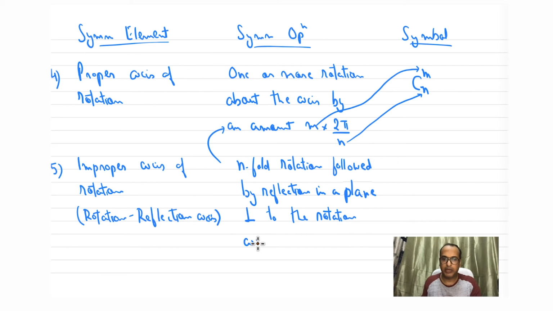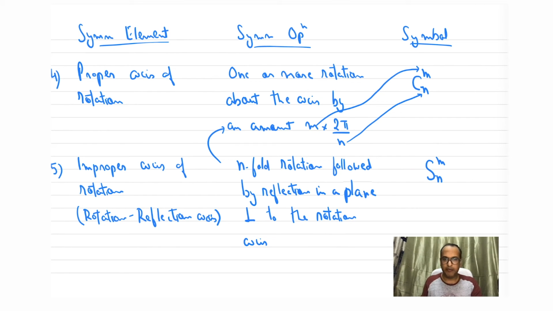We will see examples and it will be clear. In the same nomenclature as C n m, this is described as S n m: m times 2 pi by n followed by a reflection in a plane perpendicular to this rotation.